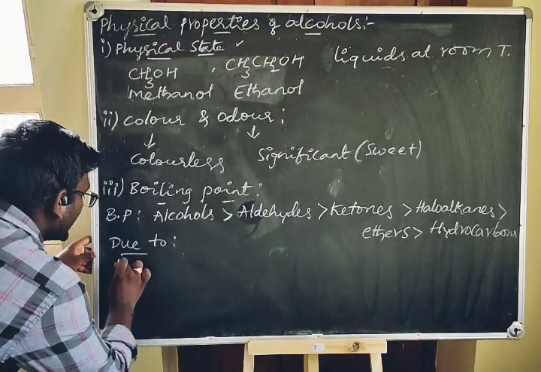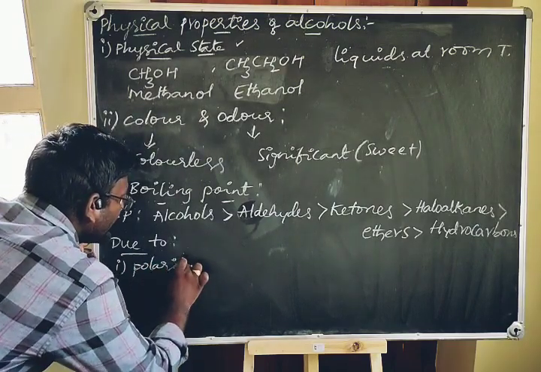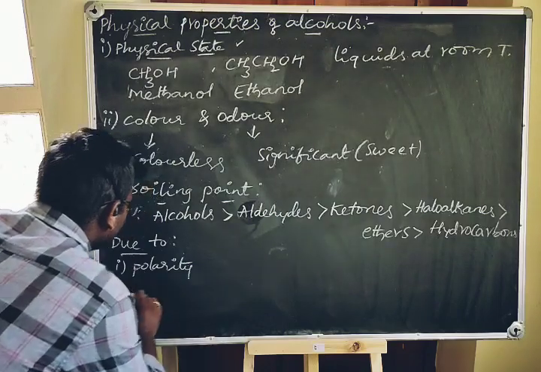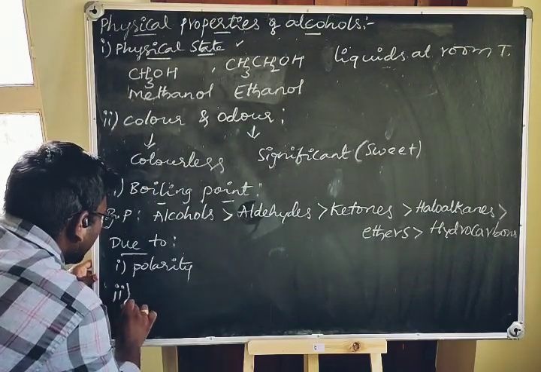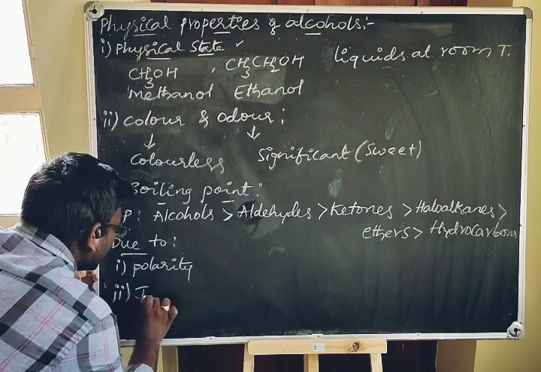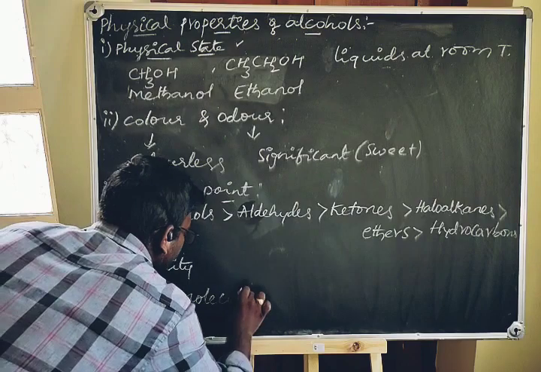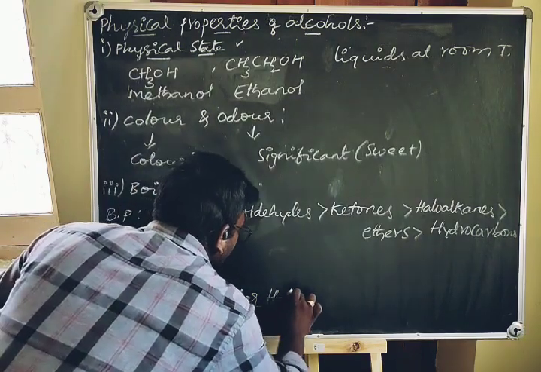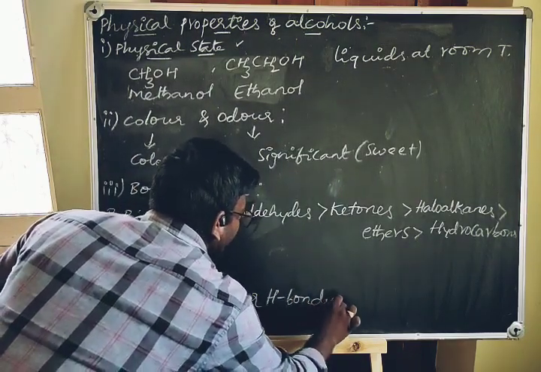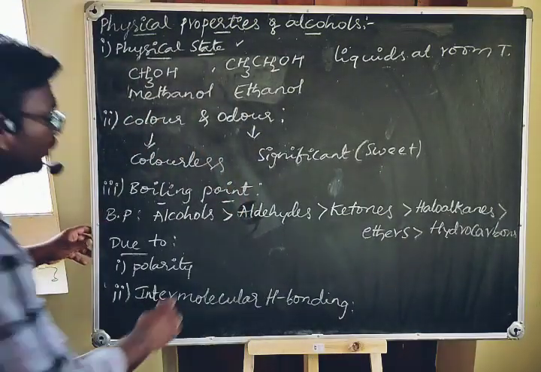Due to its polarity, the alcohols are polar in nature, and because they are able to make hydrogen bonding, that is intermolecular hydrogen bonding. I will show you that. The alcohols are polar in nature.